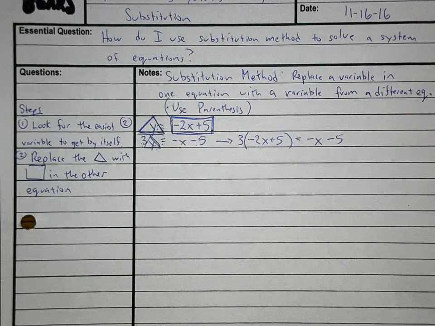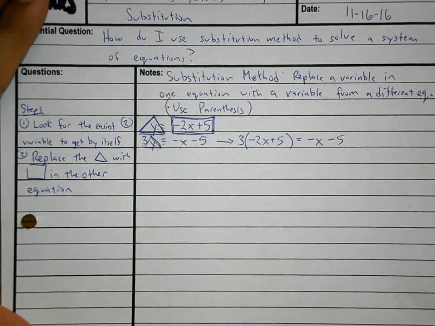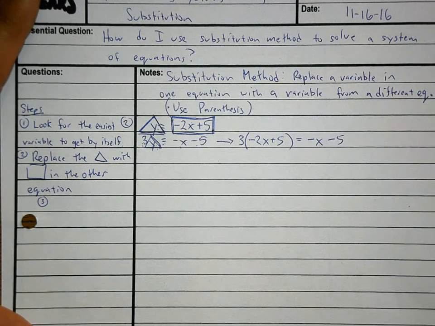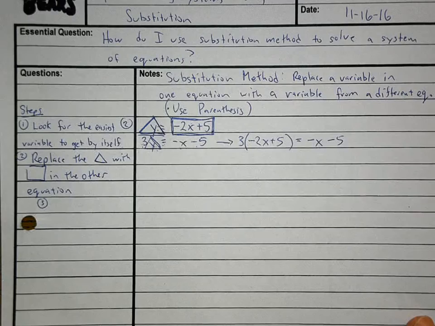A little confusing, but it works. Because it has the y equals negative 2x plus 5, then you can use that and have 3 times negative 2x plus 5.